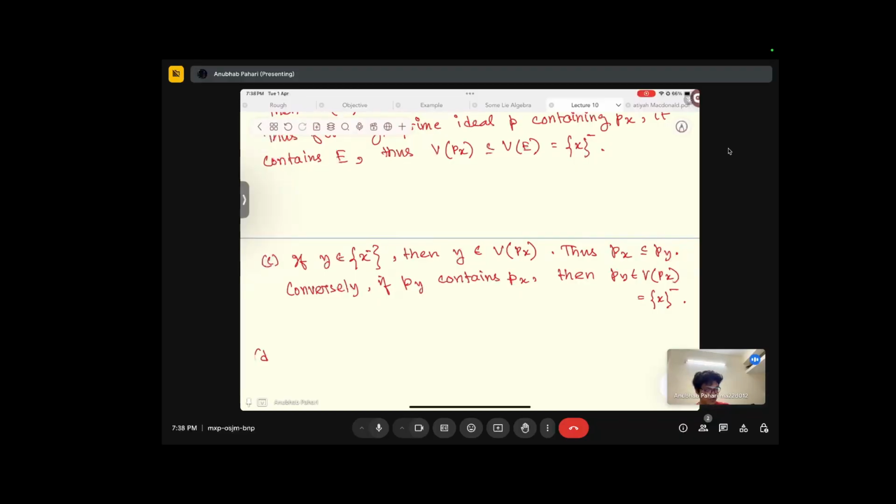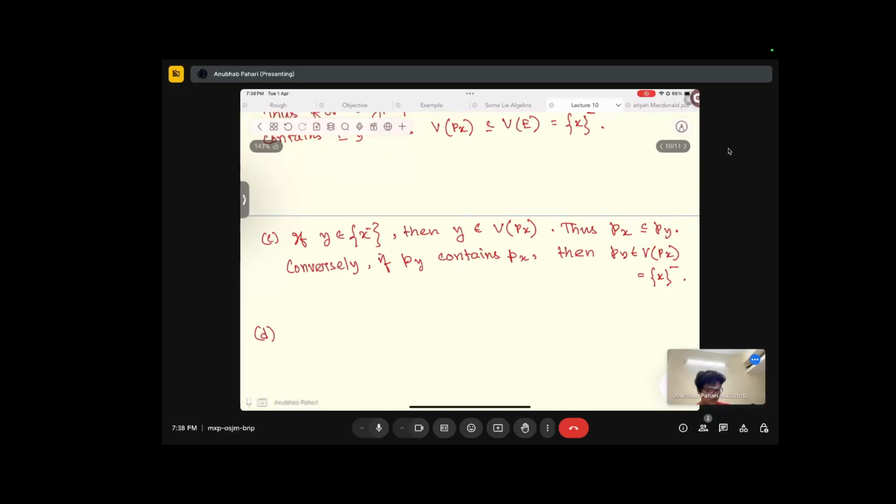And for the last one, if x and y are distinct points of X, then either p_x is not contained in p_y or p_y isn't contained in p_x.